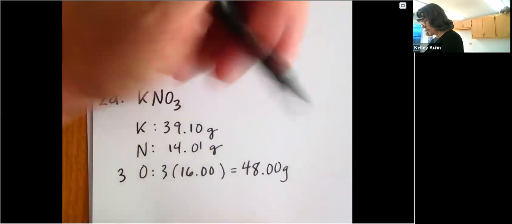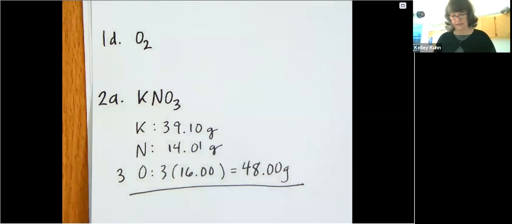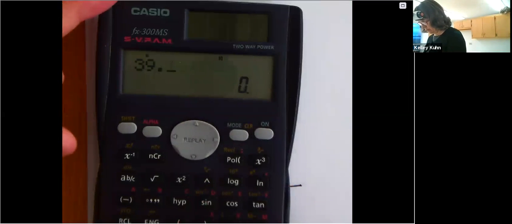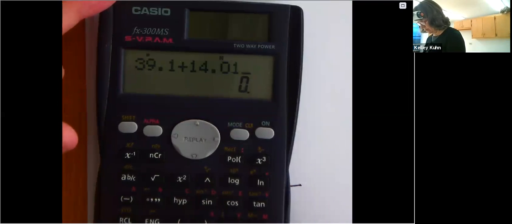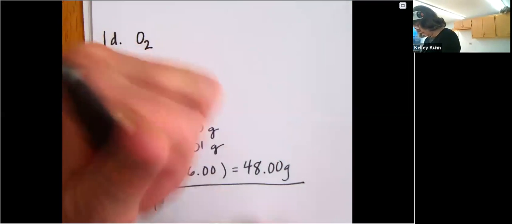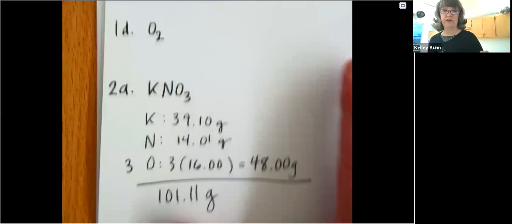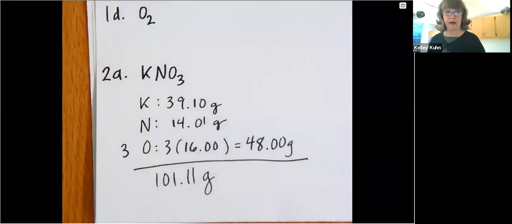So if I add those up, 39.1 plus 14.01 plus 48 gives me 101.11 grams. And that's all there is to doing the molar mass of a compound.